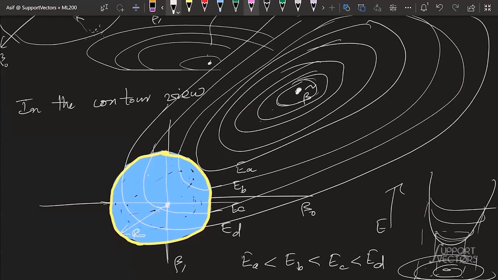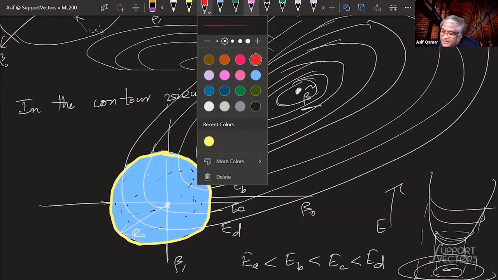So now I ask you this question. What is the point of least error? Not absolutely least error, which is here in beta tilde, but the least error within this enchanted circle. Just at this point, isn't it? Let me mark this point.